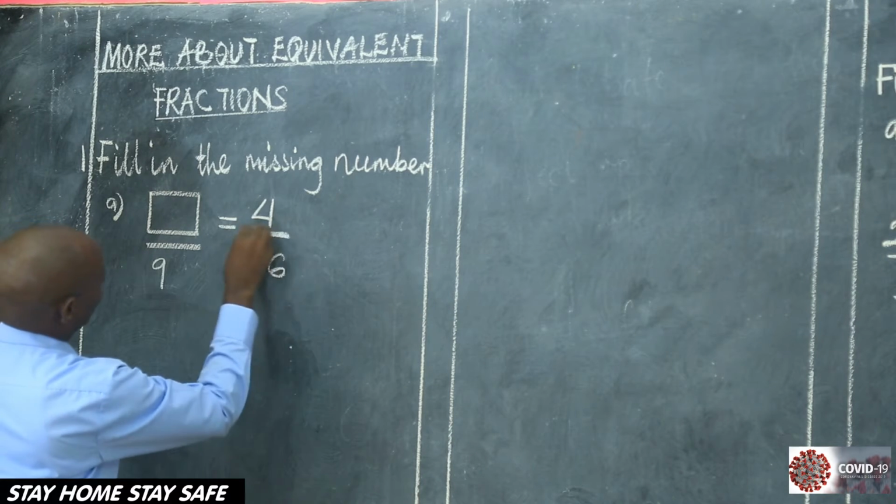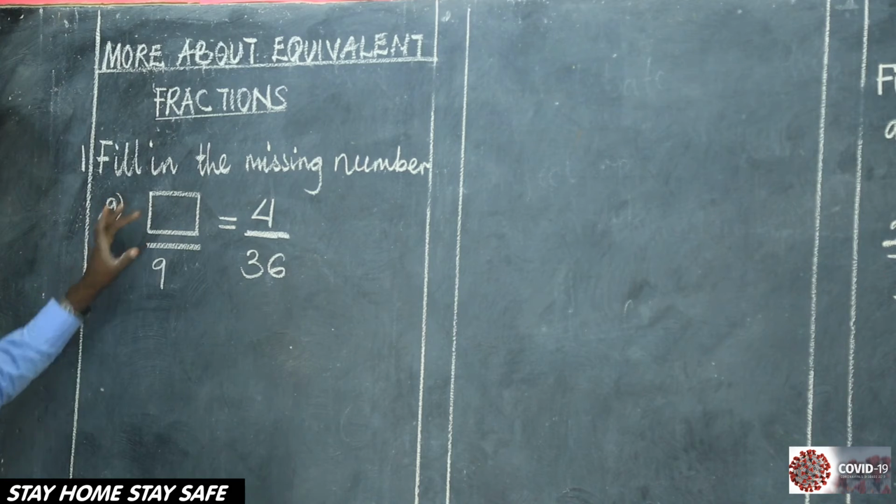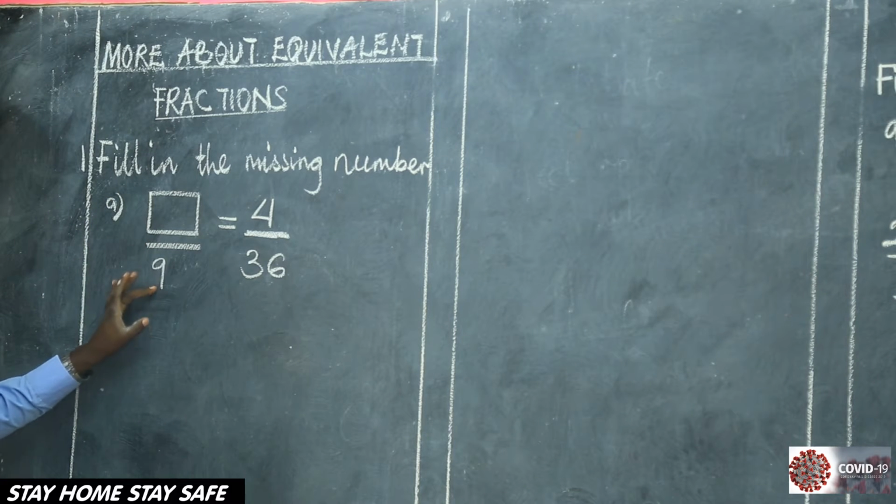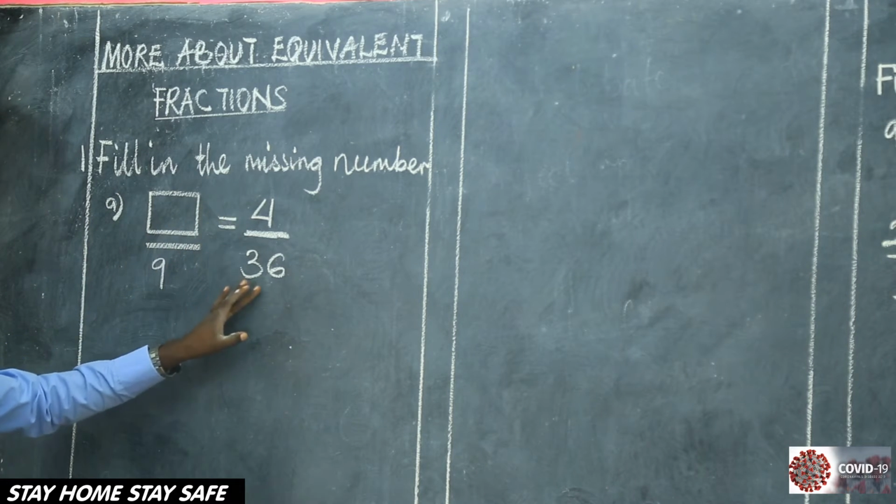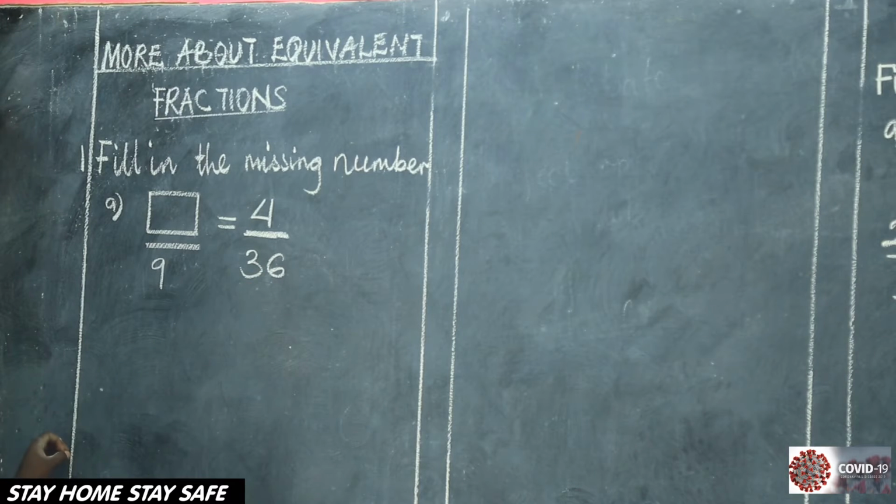Okay? We have a box divided by 9 is equal to 4 out of 36.